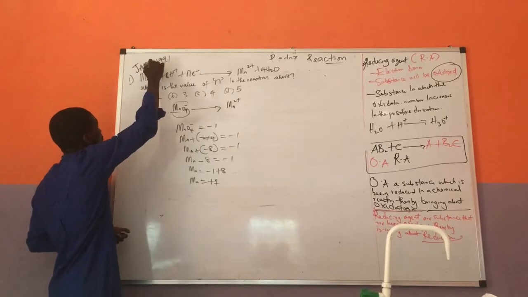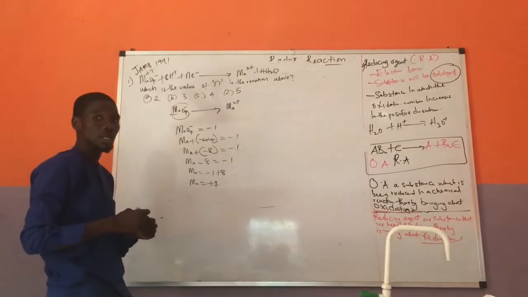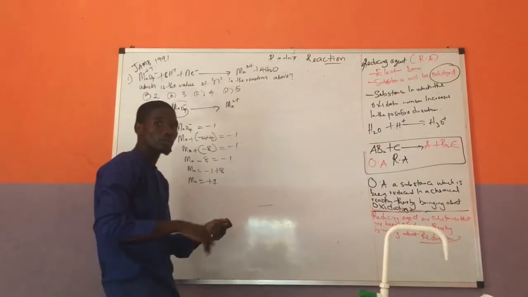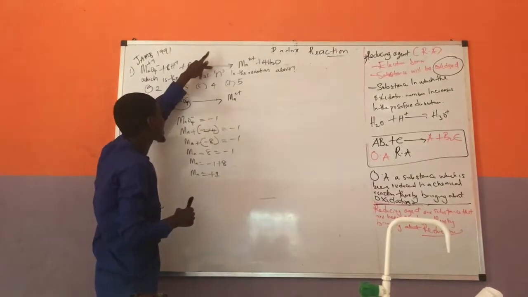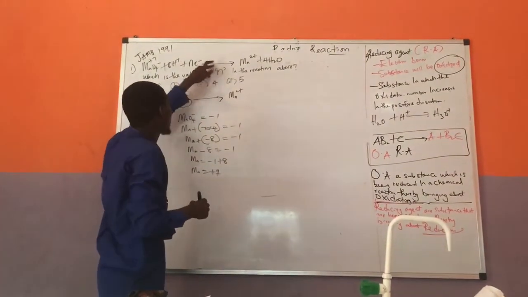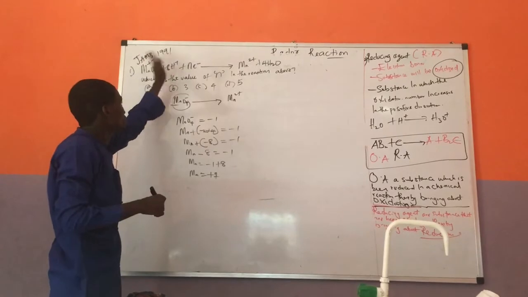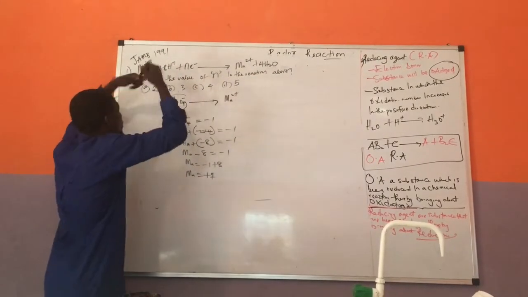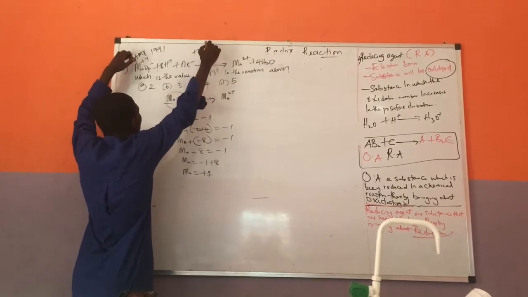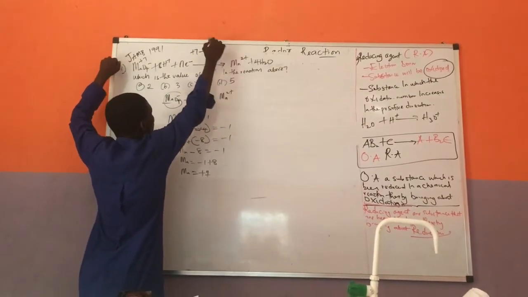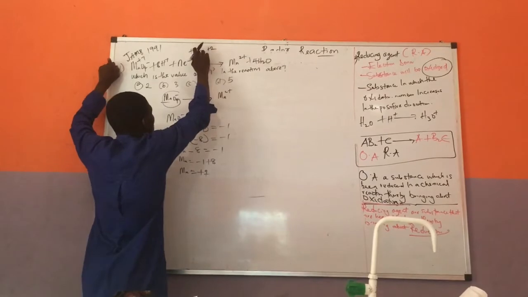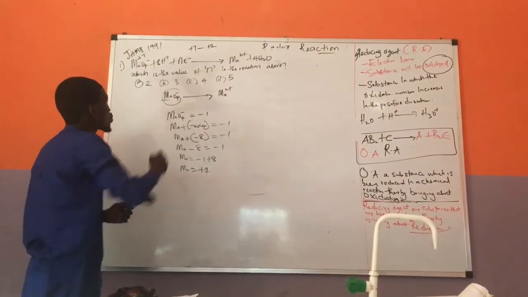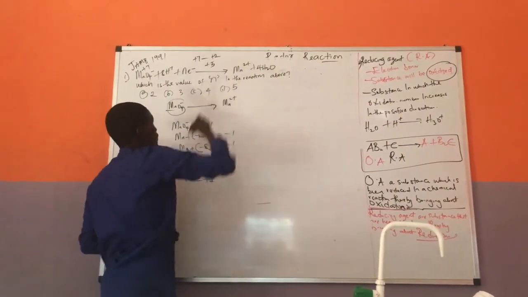So put your positive sign here. And mind you, when I was explaining the balancing of redox reaction, I said there's a negative sign here, that the value from the reactant side will be subtracted from the value from the product side. So here we have plus 7, minus plus 2. So 7 minus 2 will give me plus 5.